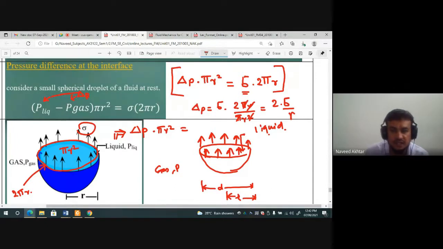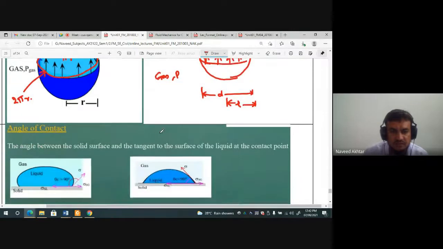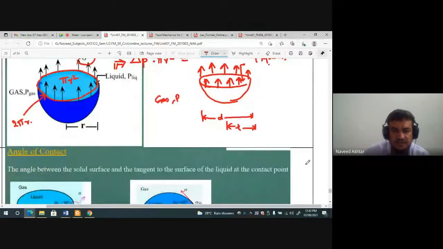Okay, that is for the droplet of water you consider, the pressure difference delta P is 2 sigma upon r, or we can write it in terms of sigma as delta P r upon 2.